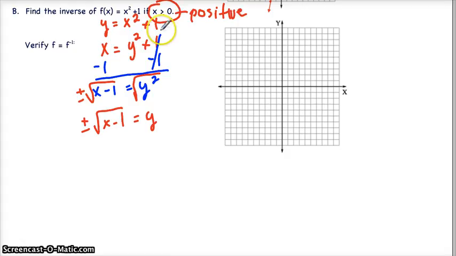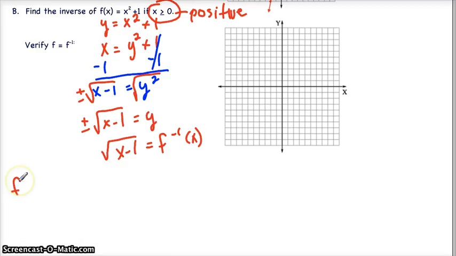This restriction tells me that I must take only the positive square root of x minus 1 as my inverse function. Had this read x is less than or equal to 0, then I would have selected the negative side for my inverse function. Now I want you to practice verifying.